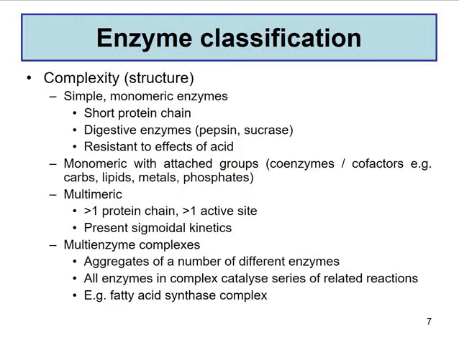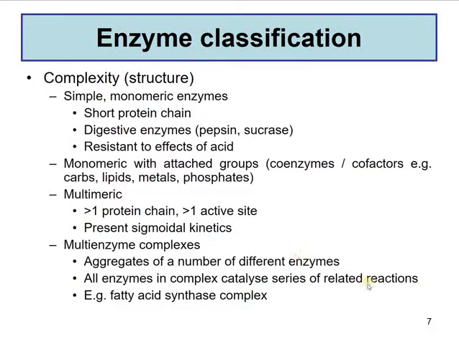With the multimeric, it's the same enzymes, but it just contains more than one chain. But when we talk about the multi-enzyme complexes, you actually have an aggregate of a number of different enzymes that do different jobs within that whole system. Okay, so all enzymes in that complex catalyze a series of related reactions, but they are different. So an example will be the fatty acid synthase complex.